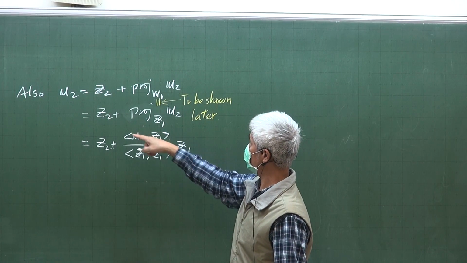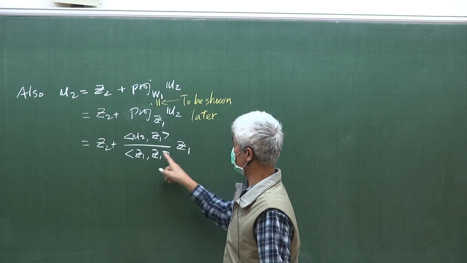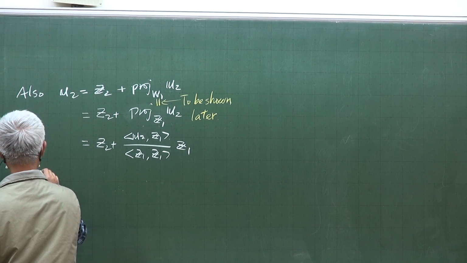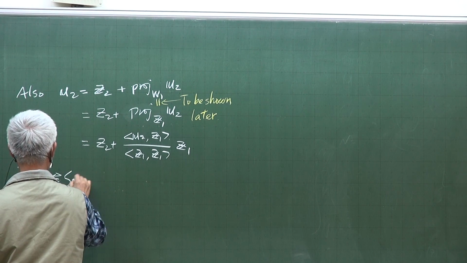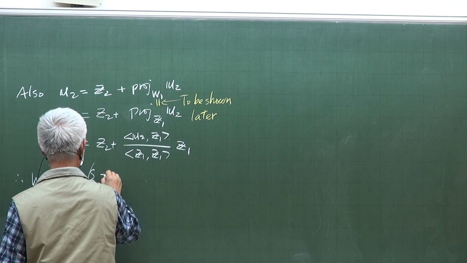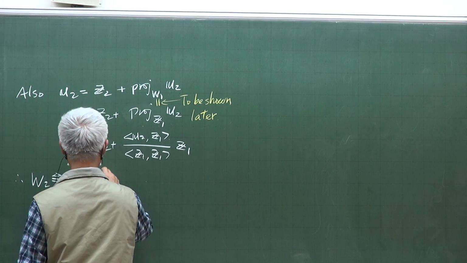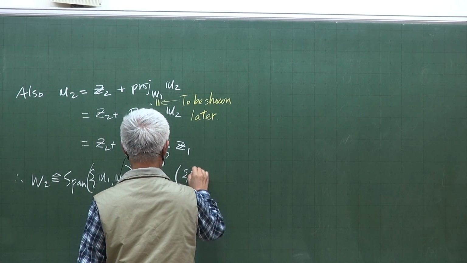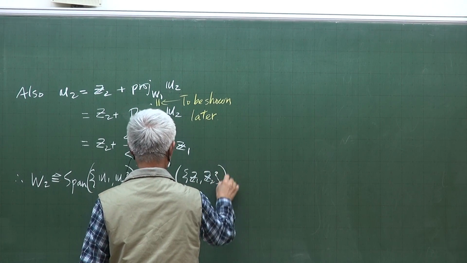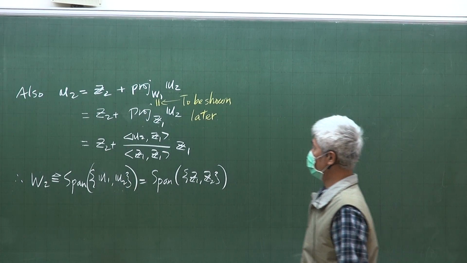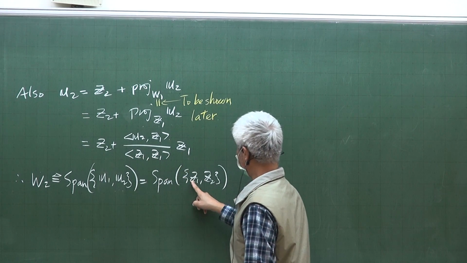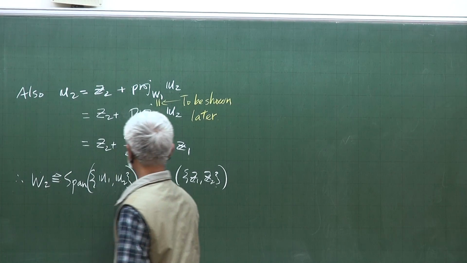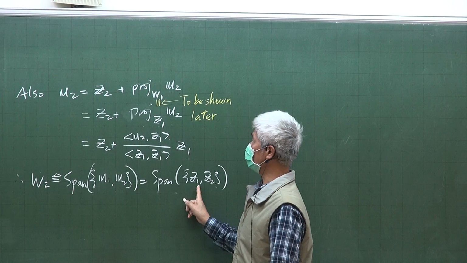So you can see that U2 is a linear combination of Z1 and Z2. So the W2, defined to be the span of U1 and U2, is actually the span of Z1 and Z2. Because U2 is a linear combination of Z1 and Z2, and as before, Z1 is equal to U1, so this span is contained here.